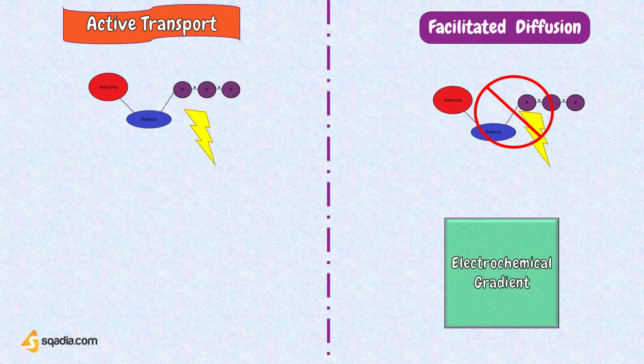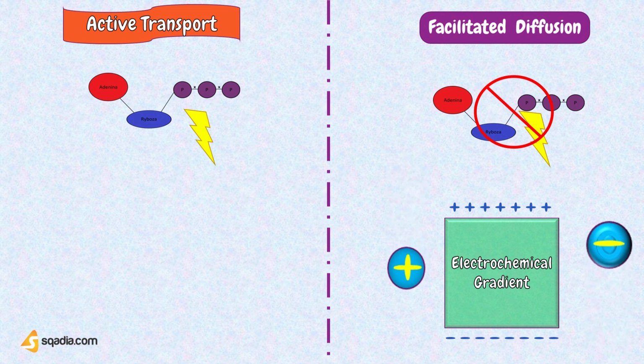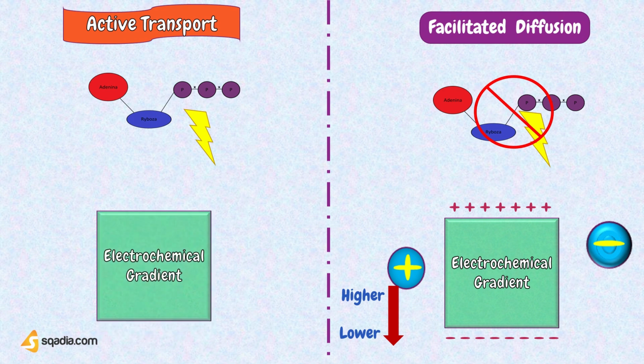And, in active transport, the substances are transported against the concentration or electrical or electrochemical gradient. In facilitated diffusion, the substances are transported along the concentration or electrical or electrochemical gradient.